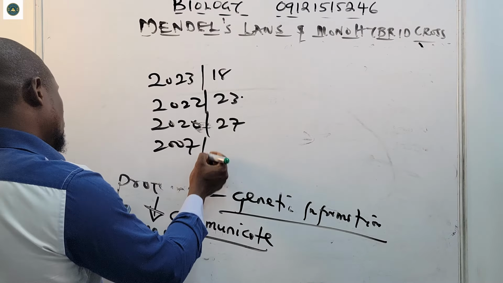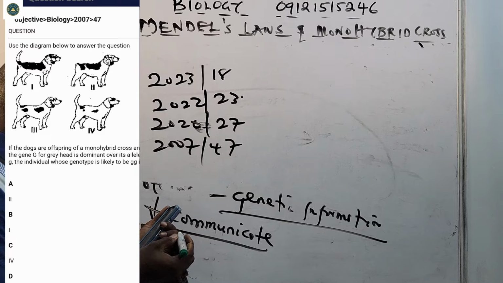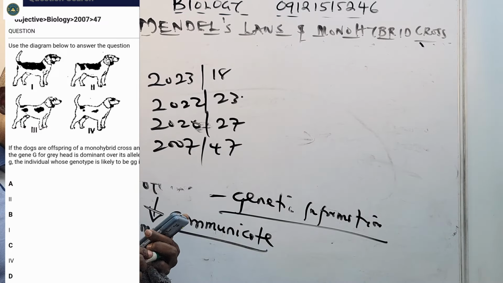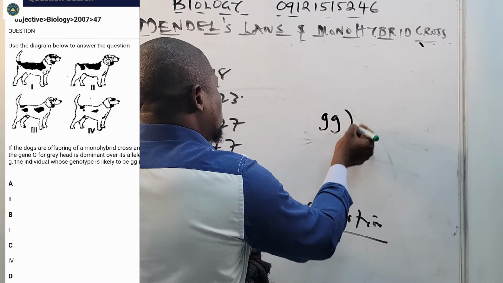2007, number 47. It says use the diagram below to answer the question. You are given 4 dogs. If the dogs are offspring of a monohybrid cross, and the gene G for gray head is dominant over its allele, the individual whose genotype is likely to be GG is what?